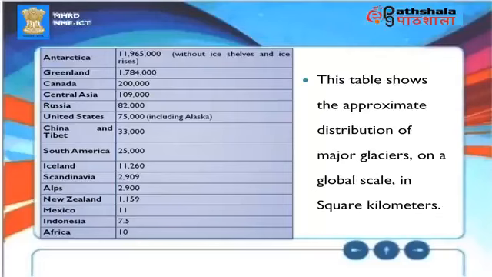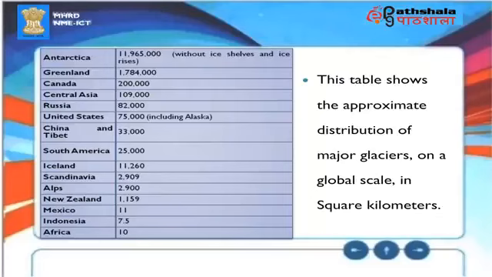Here, Table number 1 shows the approximate distribution of major glaciers on a global scale in square kilometers. Antarctica has 11.965 million square kilometers. Greenland has 1.784 million square kilometers. Canada has 0.2 million square kilometers.